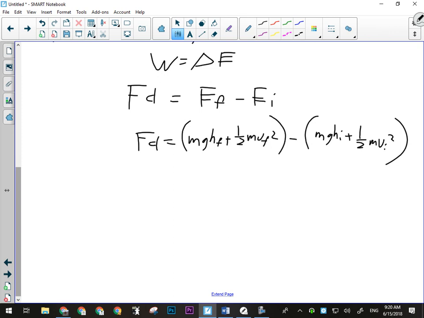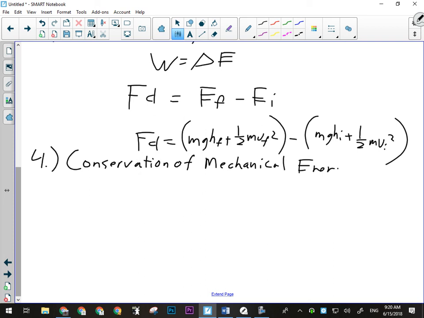Okay, and then we had conservation of energy. Conservation of mechanical energy, so those are the EI equals EF questions, right?